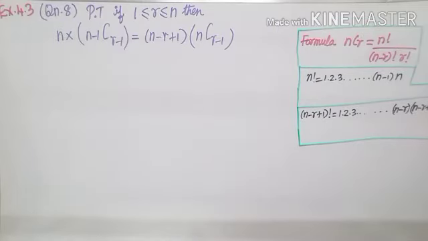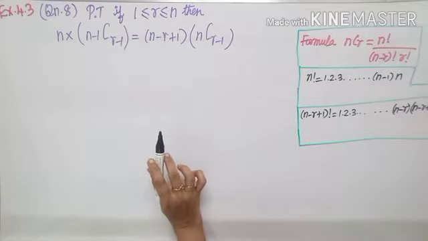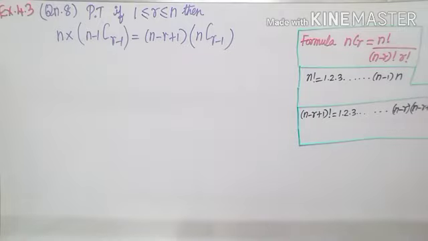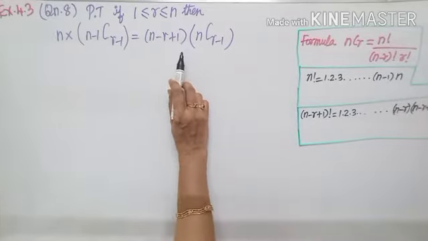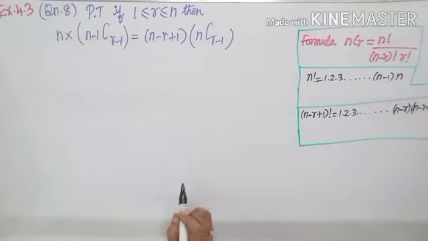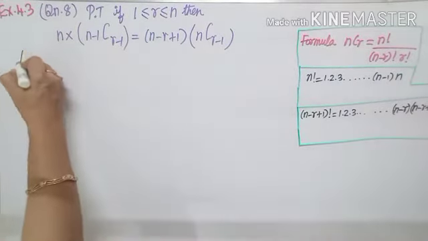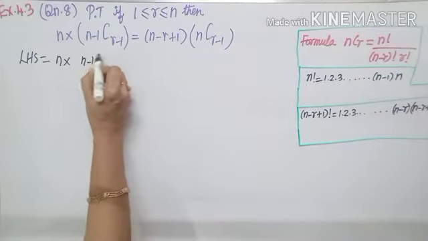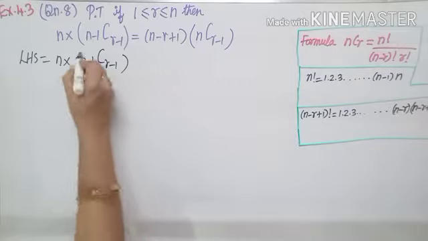Exercise 4.3, question number 8. Prove that if 1 less than or equal to r less than or equal to n, then n into n minus 1 C r minus 1 equals n minus r plus 1 into n C r minus 1. Start from LHS, n into n minus 1 C r minus 1.